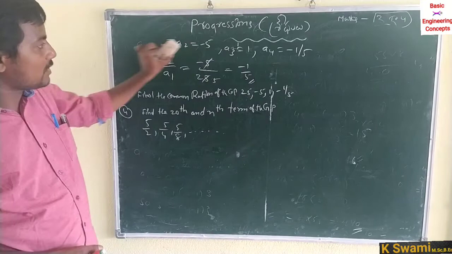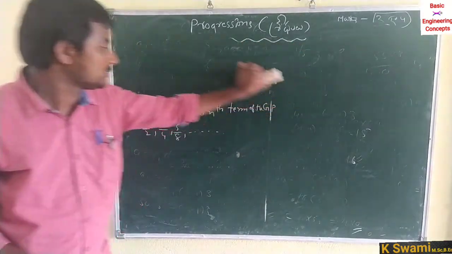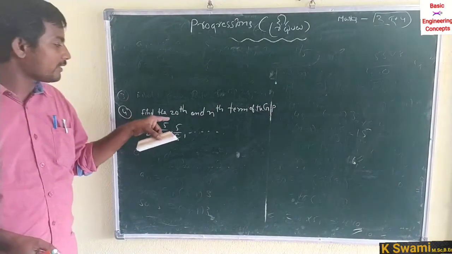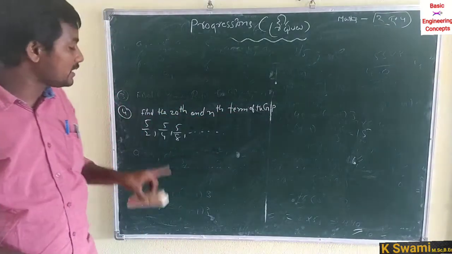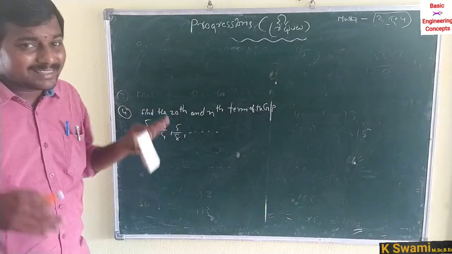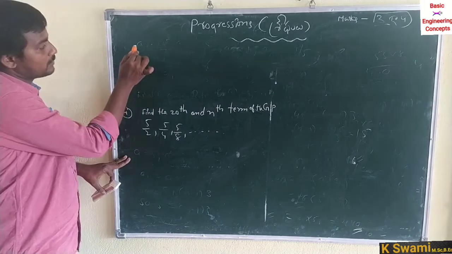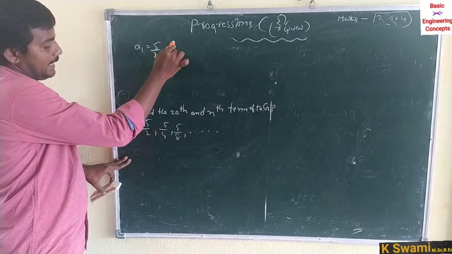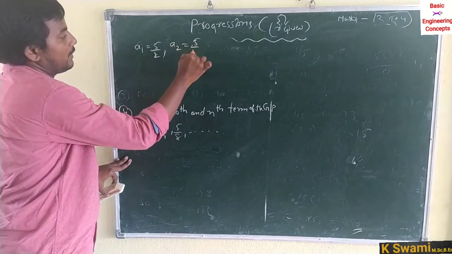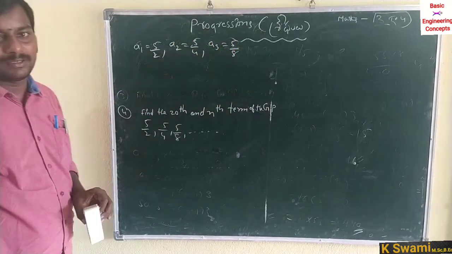And another example in GP is: find the 20th term and nth term of the GP. Suppose A1 is equal to 5/2, A2 is equal to 5/4, and A3 is equal to 5/8.